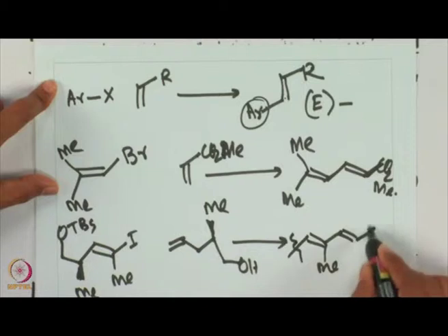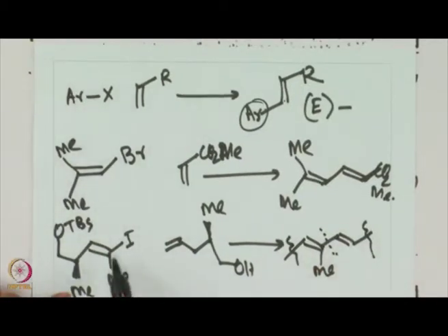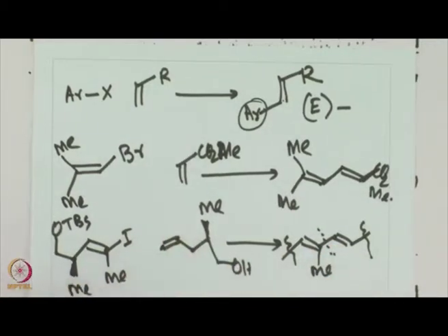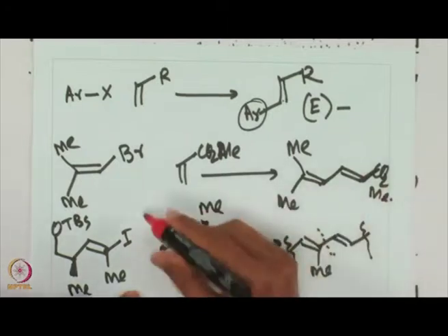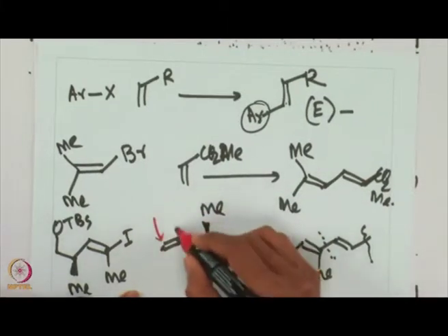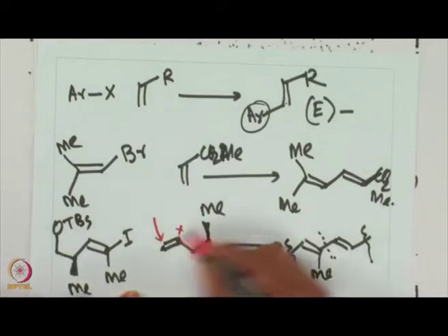So, let us not draw the whole part. So, this is the new carbon carbon bond that forms between this carbon center and this olefin, and that is how we see that it is getting substituted at the less hindered position, not at this center. So, substitution is not happening at this carbon center, it is happening at this carbon center, it is not happening here. Okay.